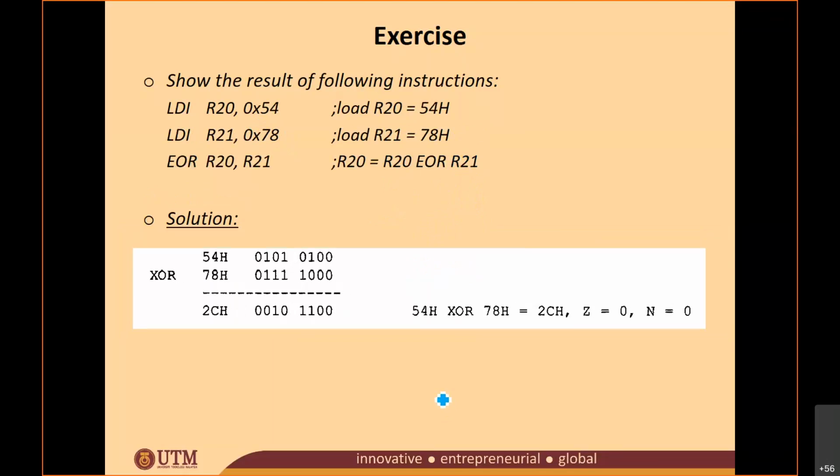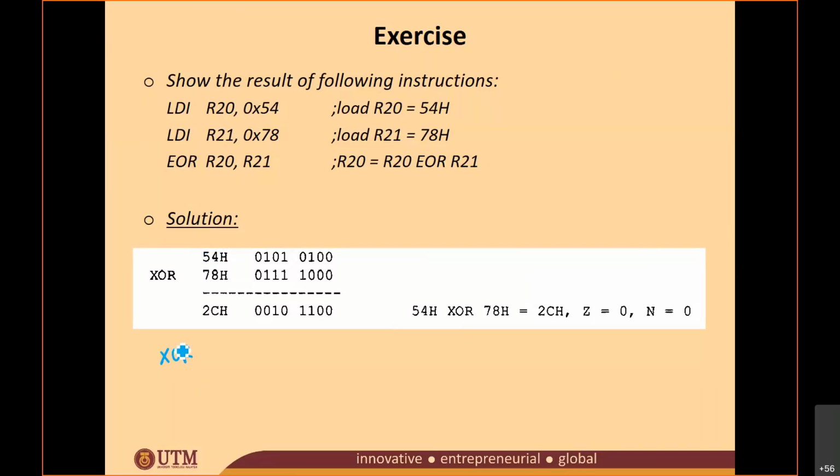Okay, next. Show the result of the following instruction. LDI R20 0X54, LDI R21 0X78, and EOR. What does EOR do? EOR stands for exclusive OR.